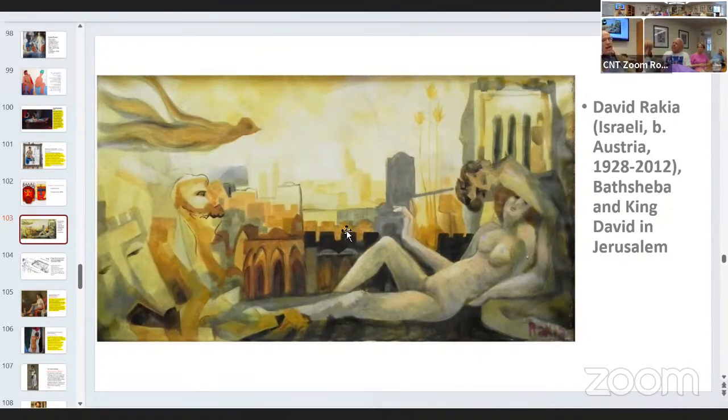And Bathsheba, her hand is sort of on what I think, I don't know, maybe almost looks like part of the temple or maybe even the Dome of the Rock. And these are like the gates of Jerusalem, like the entire Jerusalem is set in this scene and is destructed as a follow-up to this story.